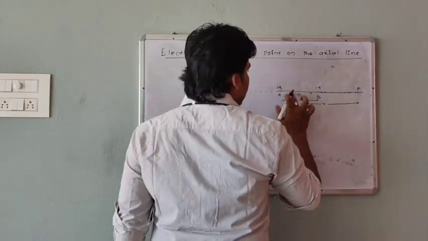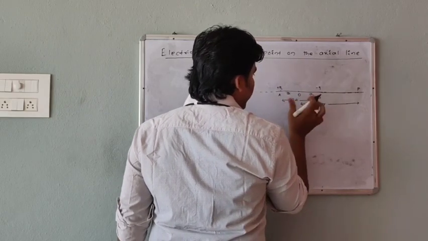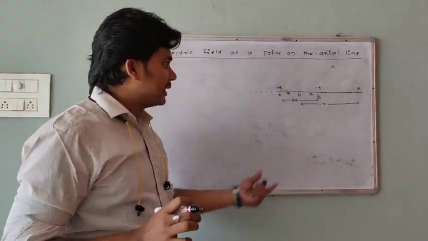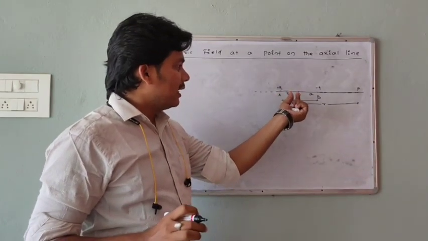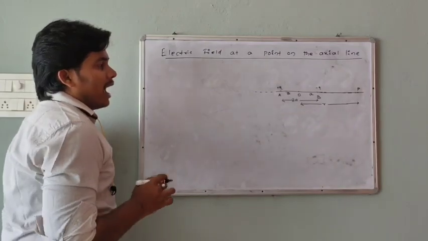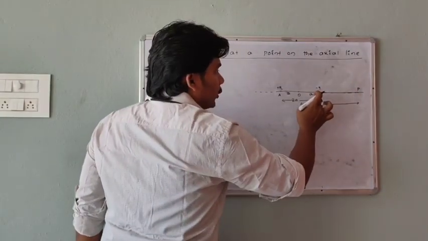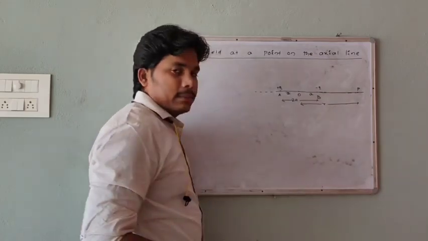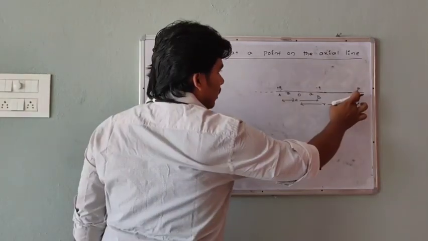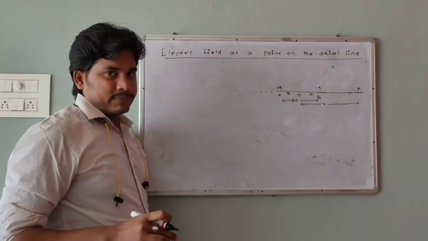Sorry, this is the a and this is the a, because the total distance is 2a, so I can take AO as length a and OB as length a. Now I will find the electric field intensity at point P due to the charge at B, and the electric field intensity due to the charge at point A.